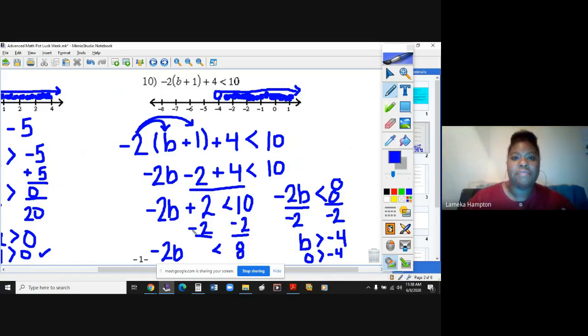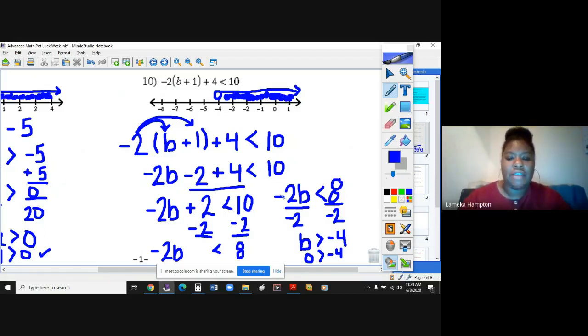Now, my next step, again, the goal is to isolate your variable. So you're going to subtract 2 from both sides. Again, this is dealing with like terms. And then I have -2b is less than 8. Now, because I am dividing by a negative number, very important, when I'm dividing by a negative number, my sign is going to change.